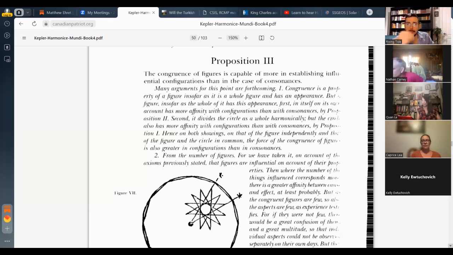2. Second, it divides the circle as a whole harmonically, but the circle also has more affinity with configurations than with consonances by proposition 1. Hence, on both showings, on that of the figure independently and that of the figure and the circle in common, the force of the congruence of figures is also greater in configurations than in consonances. 3.